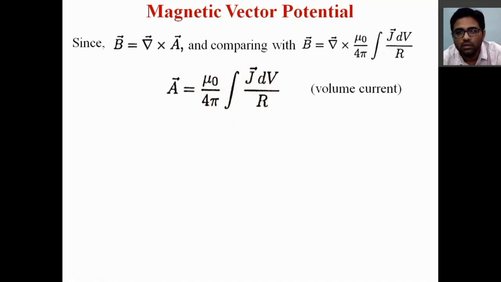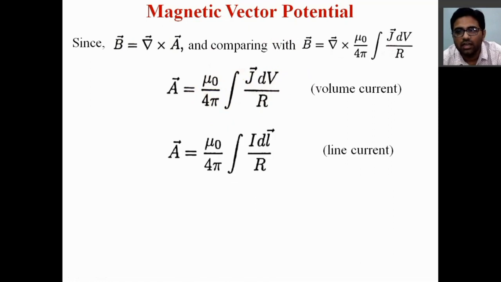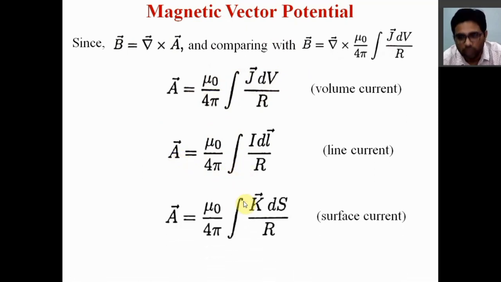By analogy we can write this form of magnetic vector potential for a line current distribution, and this is the form of vector potential for surface current distribution. Using these forms of magnetic vector potential, one can find the magnetic field. This is the importance of magnetic vector potential.